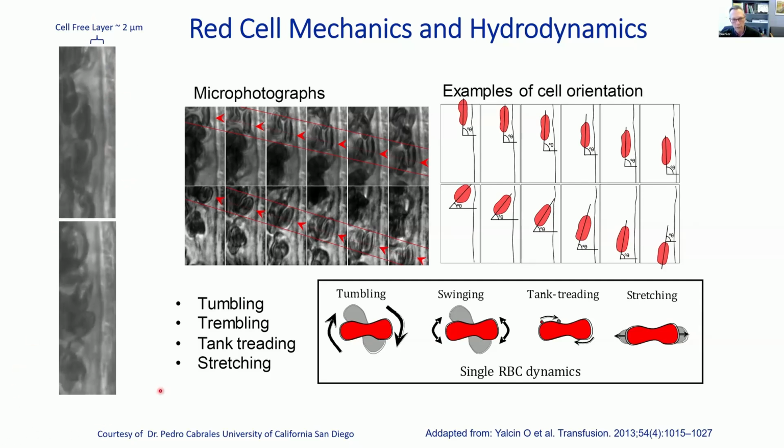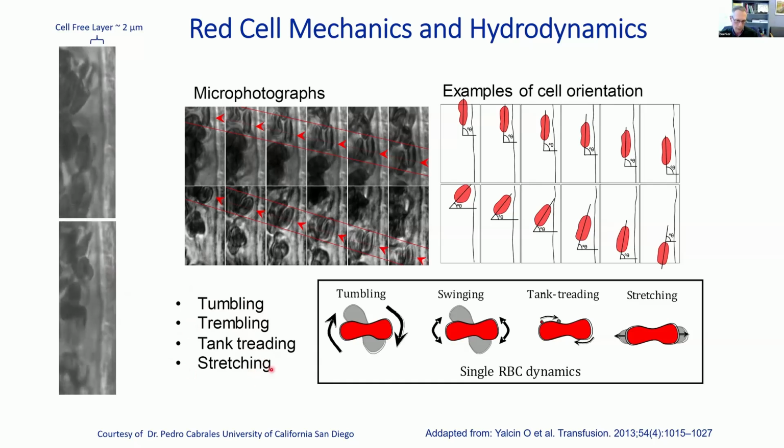What's interesting is that all of these cells after storage or even in circulation have different conformations, and they all go through different types of passage through the capillary, through tumbling, trembling, tank treading, stretching.